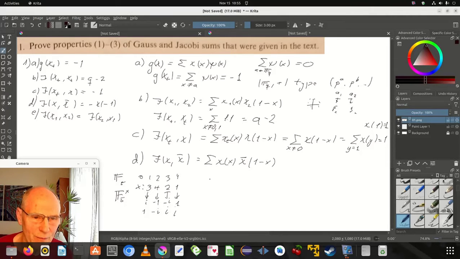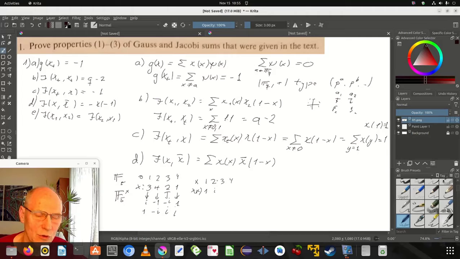So we have 1, 2, 3, 4. 1 maps to unity. Two maps to, let's say it maps to i.